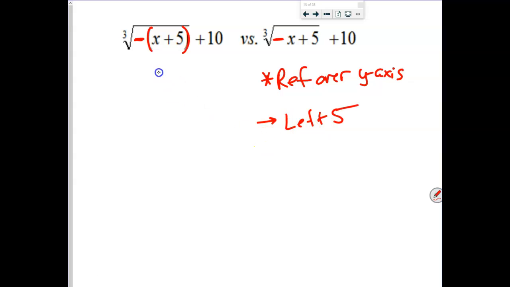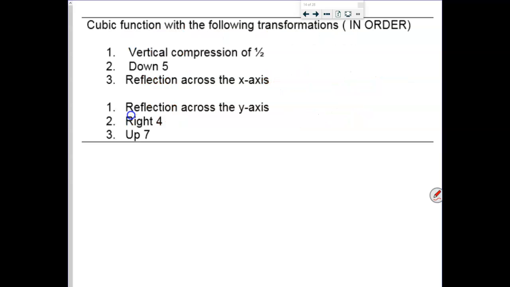This one, if you leave it like this and read it in this order, you would talk about shifting left 5 and then having a reflection. The plus 10 has nothing to do with the order. It can happen whenever in that graph, but you just have to be careful. If they haven't distributed anything through, those parentheses indicate that the reflection happens afterwards. So just watch out for that.